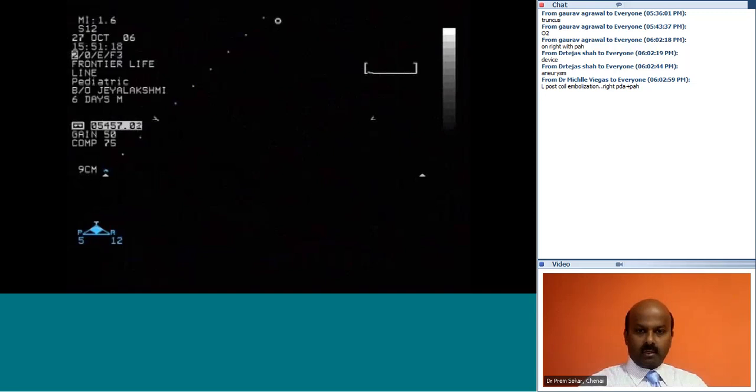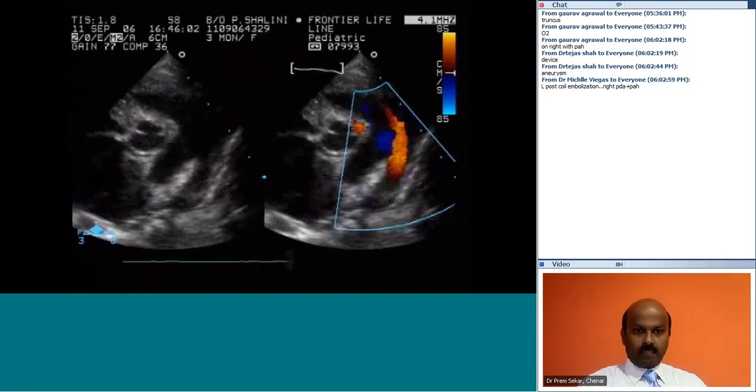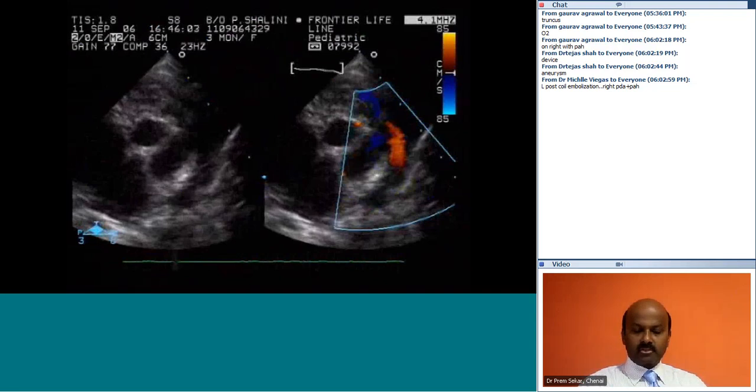So here, again a parasternal short axis view showing a ductal shunt.